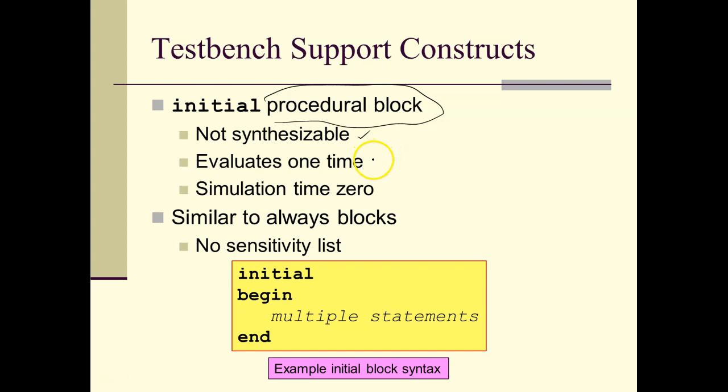The simulator evaluates that initial block one time, and it starts at time 0. The syntax for the initial block looks kind of like an always block, but there's no sensitivity list, which makes sense because it only runs once. It runs automatically when the simulation starts at time 0.